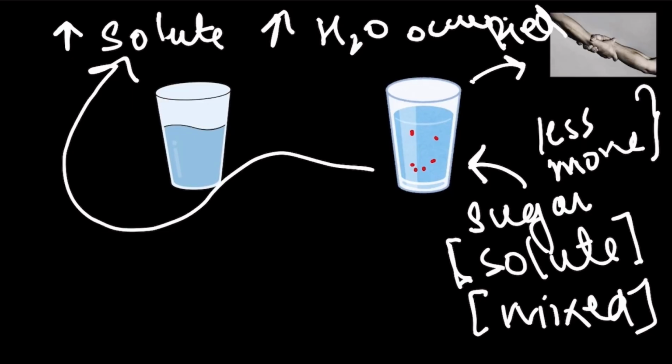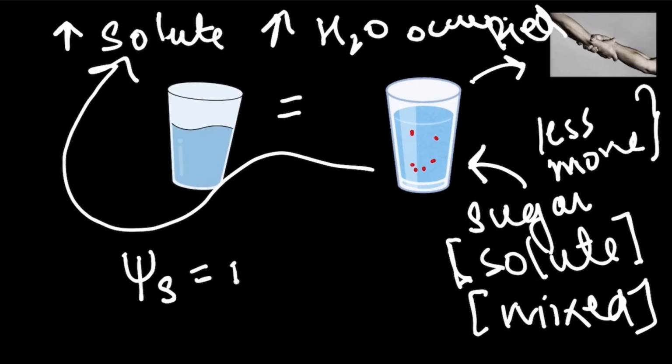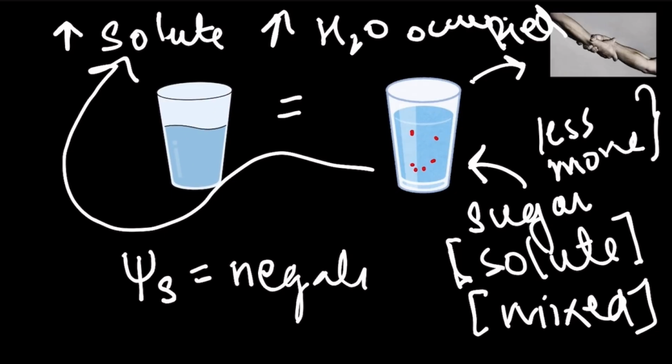And this means you're going to have a solute potential which is negative. That means it is going to take away the potential of water to move. That is the reason the water potential for solute will be negative. It won't be able to move.